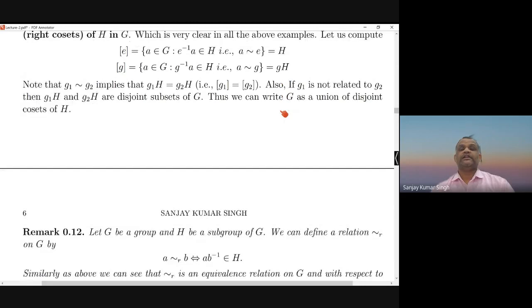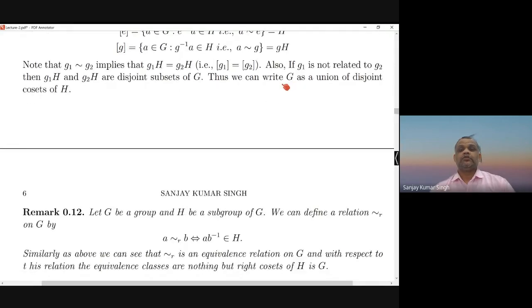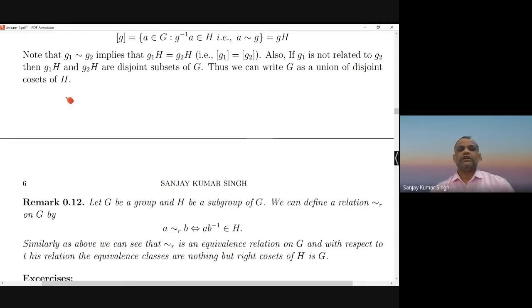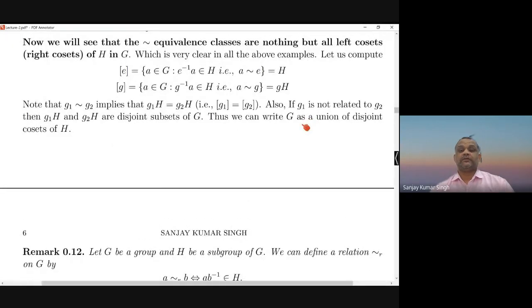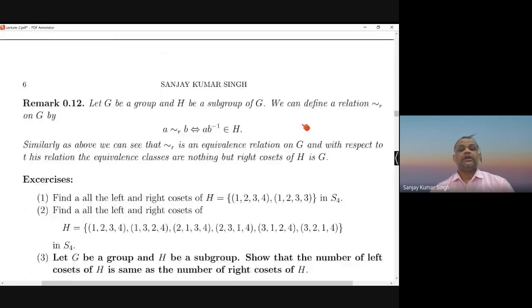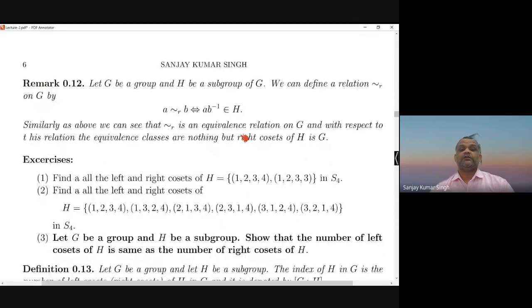And since equivalence classes give you a partition of the set, we can write the group G as a union of disjoint left cosets of H. You can also define another relation: a is related to b if and only if a b inverse belongs in H. With respect to that relation, you can check that the equivalence classes are the same as the right cosets of H.